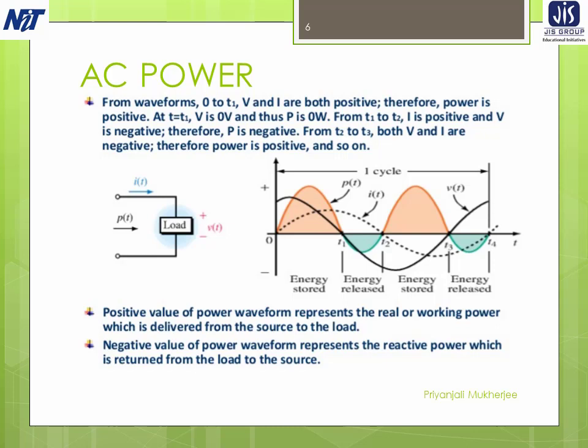So the positive value of the power waveform represents the real or working power which is delivered from source to load, and the negative value of power represents the reactive power which is returned from the load to the source. That means just opposite of the previous one.